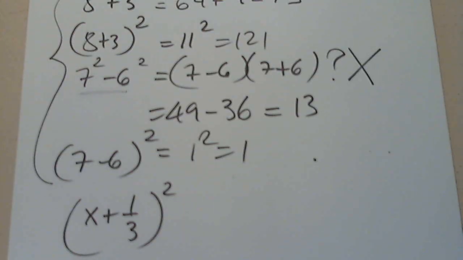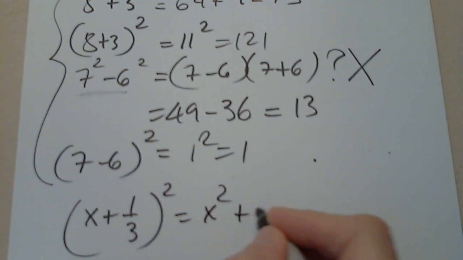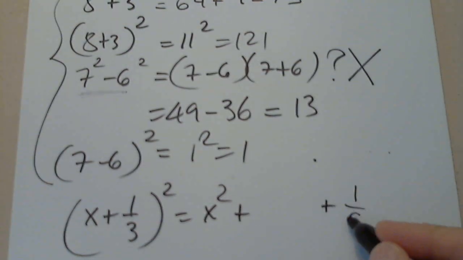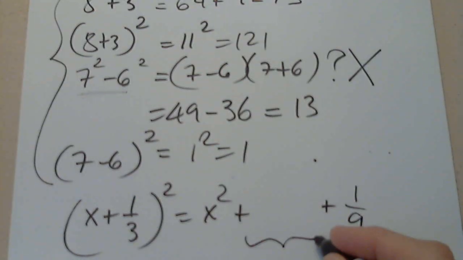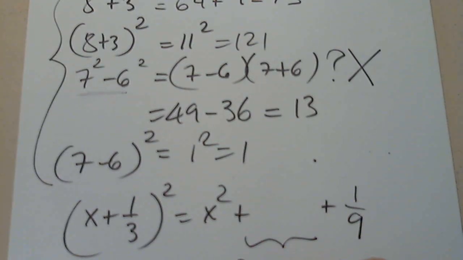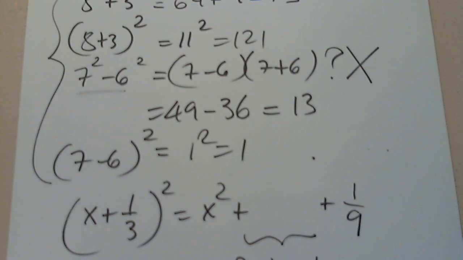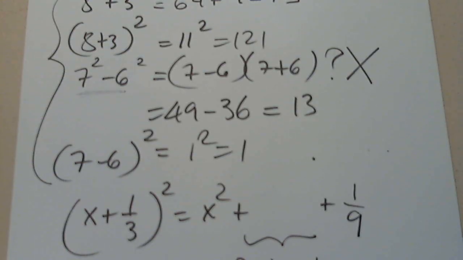X squared and 1/9. That's it. And we know that the middle term has to be 2 from the formula, x, which is the first term, and 1/3, which is the second term. How do I write the middle term? And again, I hope I convinced you to use the special products and not FOIL.